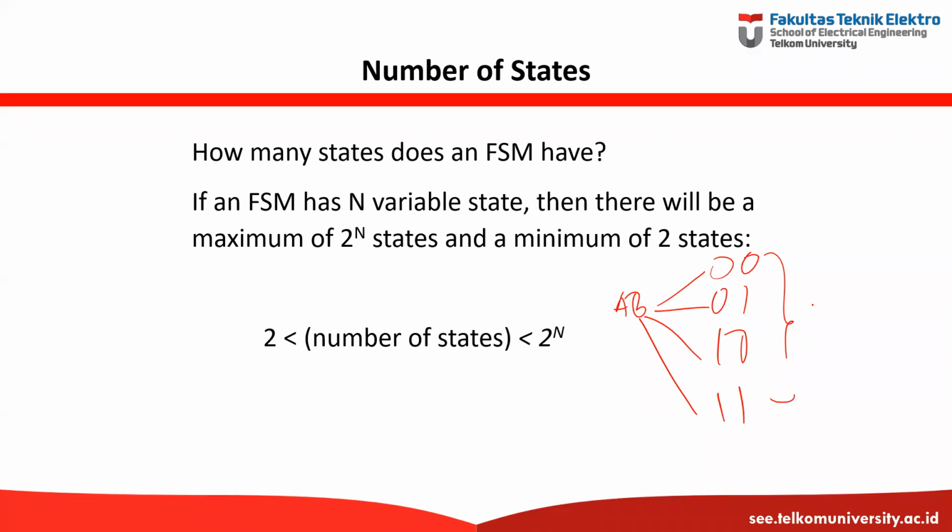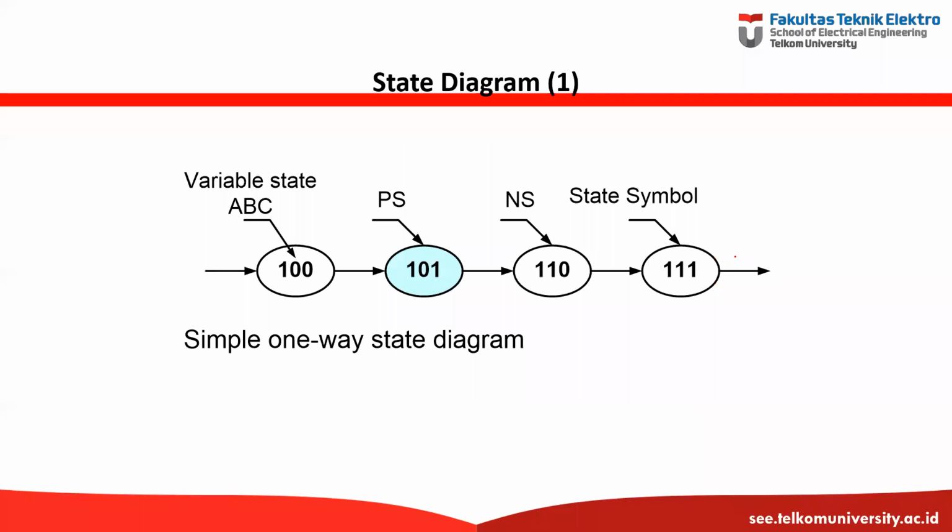This is 4 states, and we need only 3 states. So we can choose this one, or we can choose this one, or either one. Okay, that's the number of states.